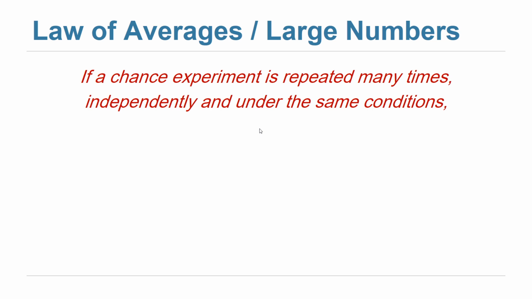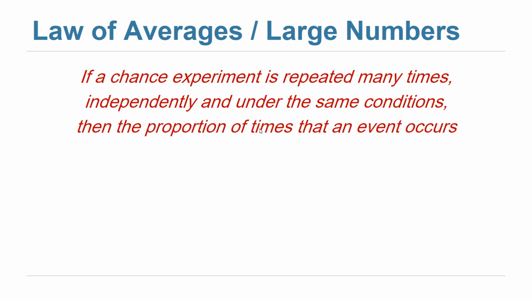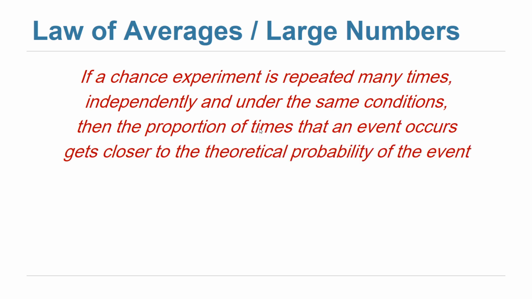So again, if a chance experiment is repeated many times independently and under the same conditions, then the proportion of times that an event occurs gets closer to the theoretical probability of that event. Theoretical here means we can compute it mathematically.